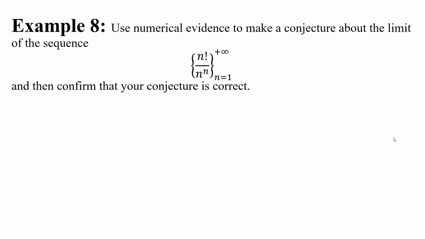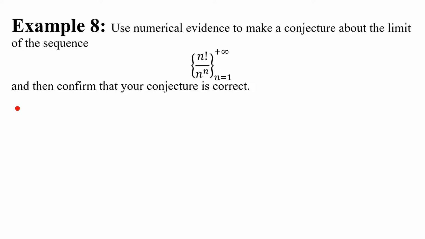Use numerical evidence to make a conjecture about the limit of the sequence n factorial over n raised to n, from 1 to positive infinity, and then confirm that your conjecture is correct. Since it's stated that we are going to use numerical evidence, we're going to make a table of values.